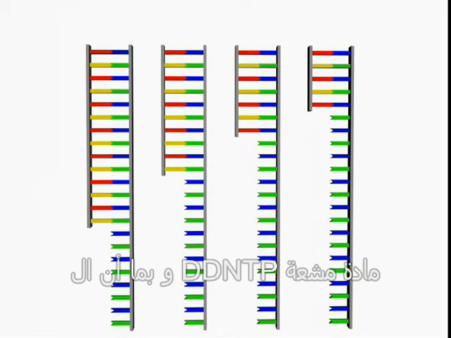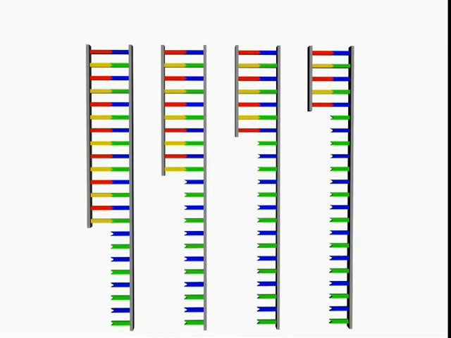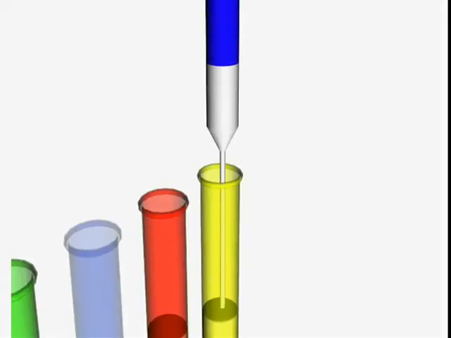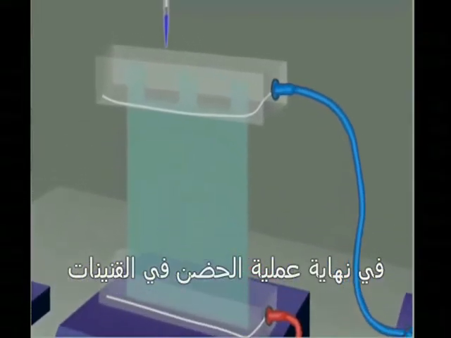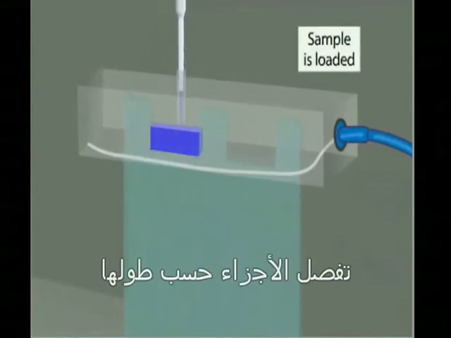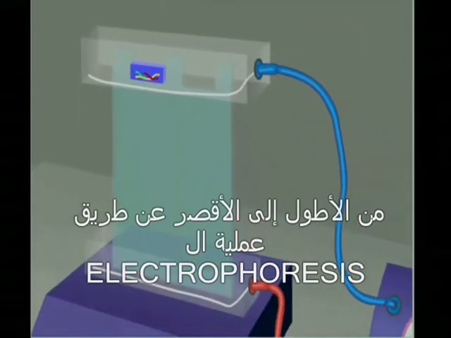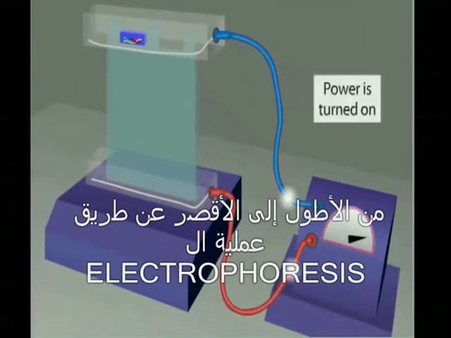Since the ddNTPs are fluorescently labeled, it is possible to detect the color of the last base of this fragment on an automated sequencer. At the end of the incubation period, the fragments are separated by length from longest to shortest, and this is done by the electrophoresis process.